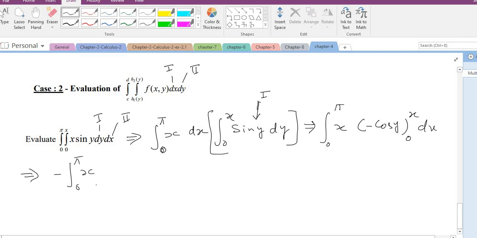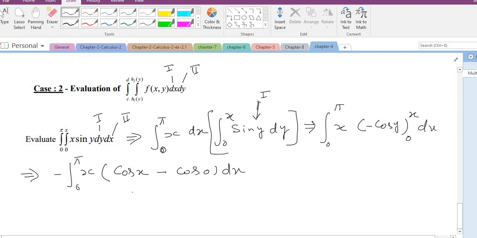So x, and now change the limit. Upper limit is x, so that means cosine of x, you need to change y as x, minus cosine of 0. Whatever you got, integrate this finally with respect to x. See that, keeping the minus, because of the minus maybe you do not understand.